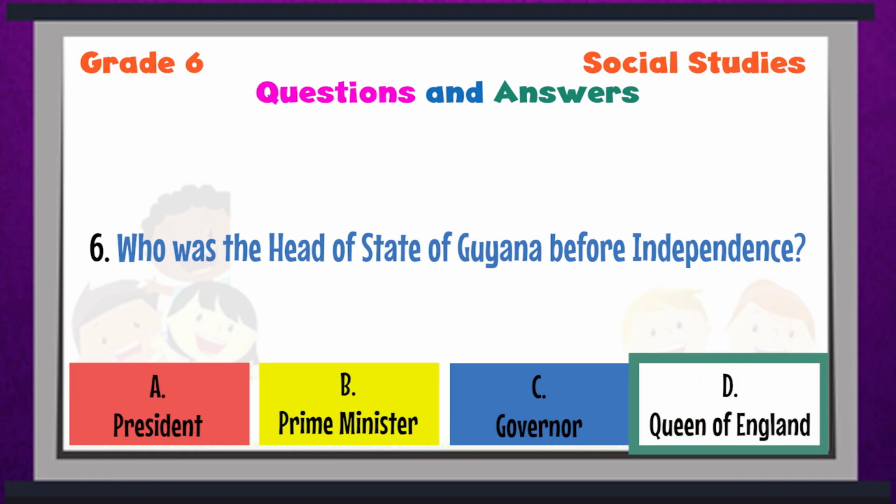Before Guyana gained its independence, there was a head of state who was appointed by the monarchy, and that was the Queen. Of course, there was also a head of government, so please do not get it mixed up. There was head of state and head of government. And so as Guyana developed its political status, the head of state changed over the period and also the head of government.